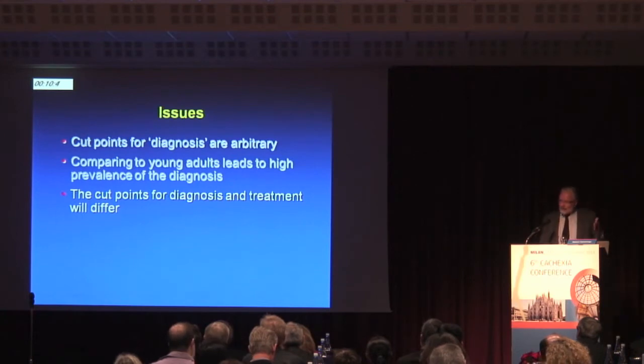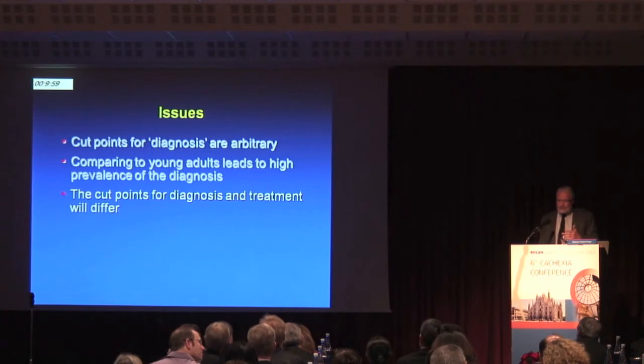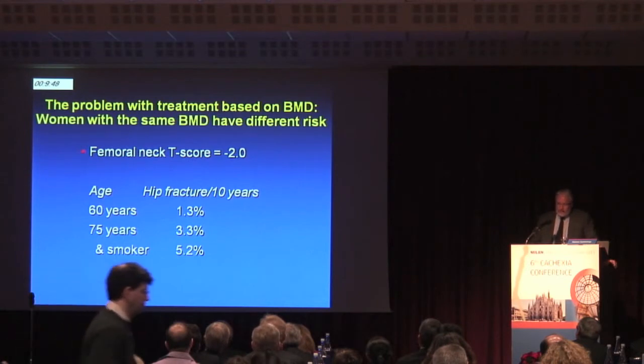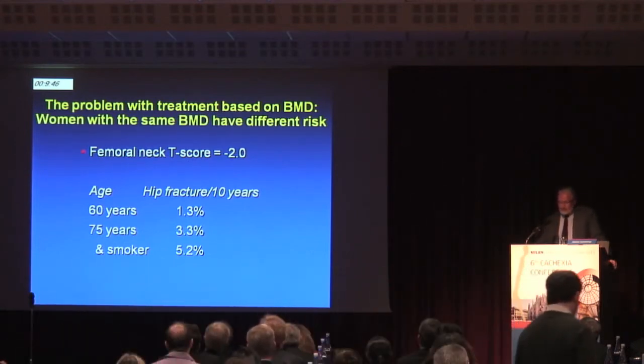It would be great if osteoporosis per se were a simple indication. It would be great if sarcopenia became a simple indication for treatment, but there are problems. First of all, when you use a single measurement to define risk, there are many other risk factors that come into play.